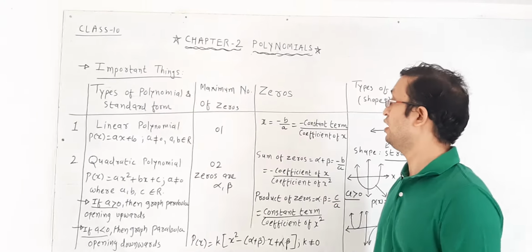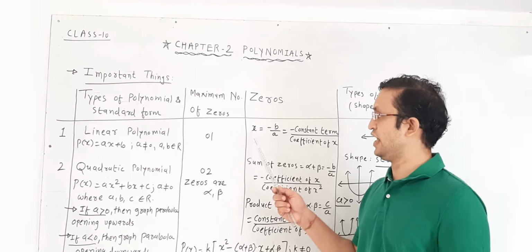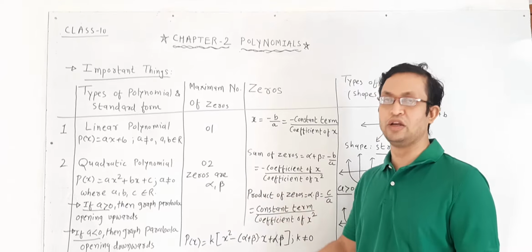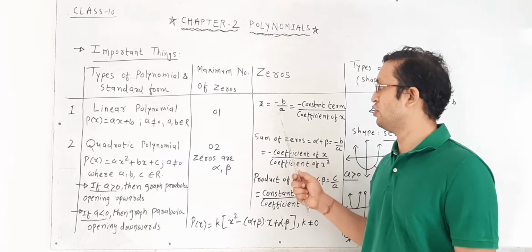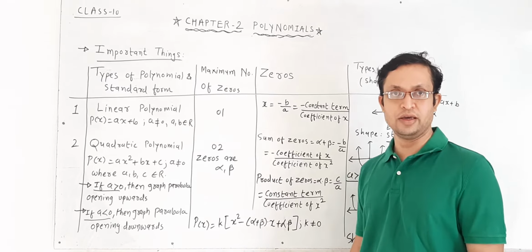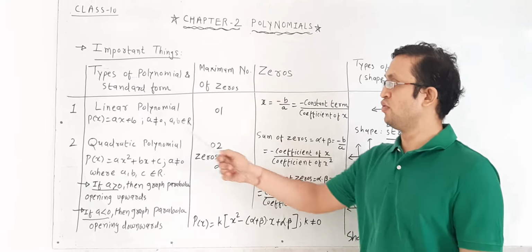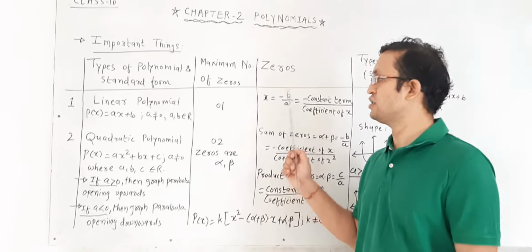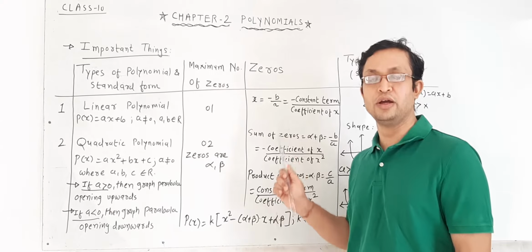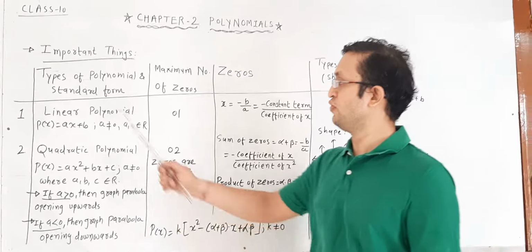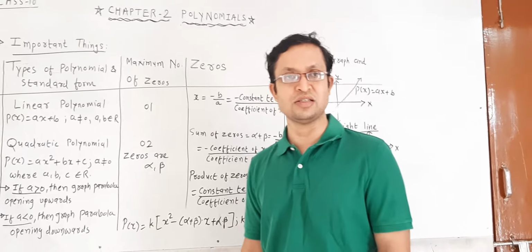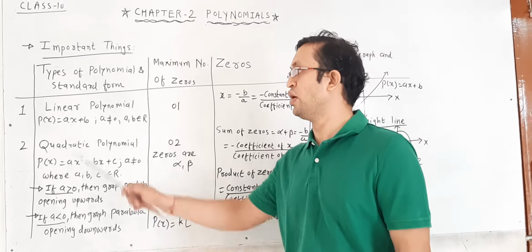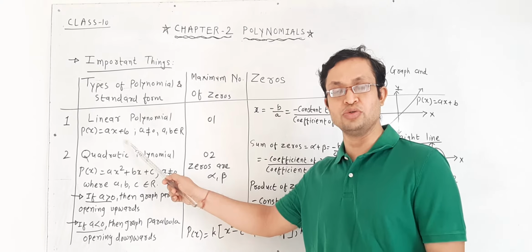Now find the zero of the linear polynomial: x is equal to minus b divided by a. To find the zero, first take p of x equal to 0, therefore ax plus b is equal to 0.